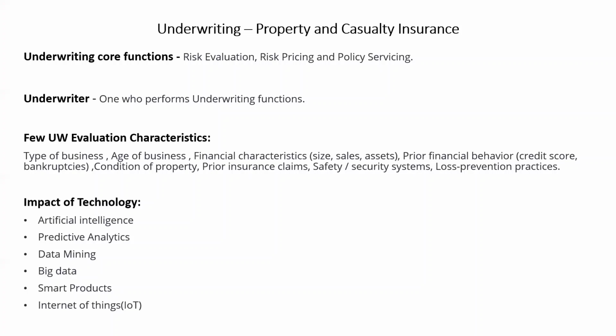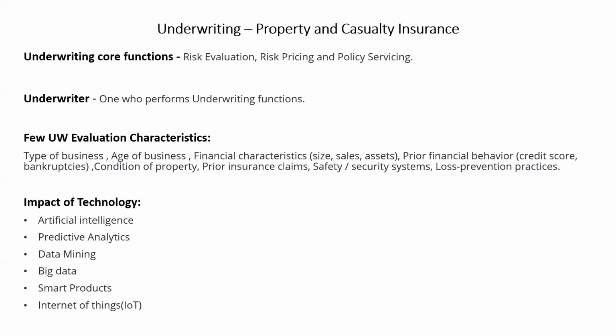We cannot accept it. So there is the type of business, what kind of business we are insuring, age of the business, financial characteristics, their size, sales and assets, or prior financial behavior like their credit score. Did they file any bankruptcies? The condition of the property, what kind of property they have and what is the condition.